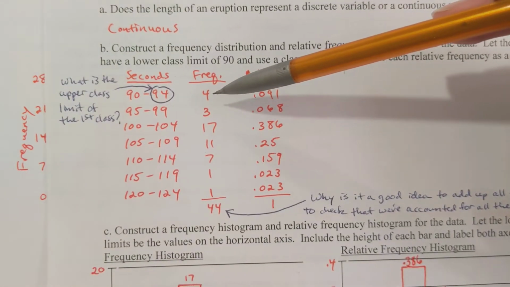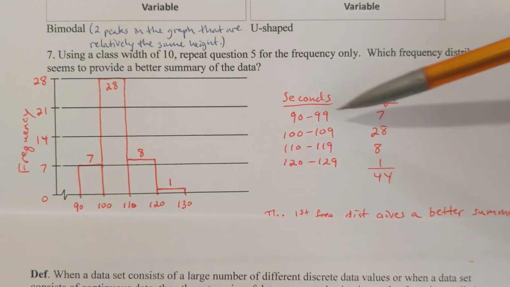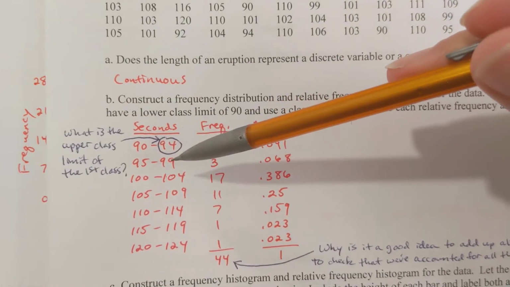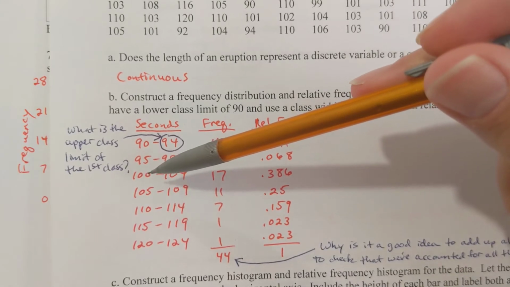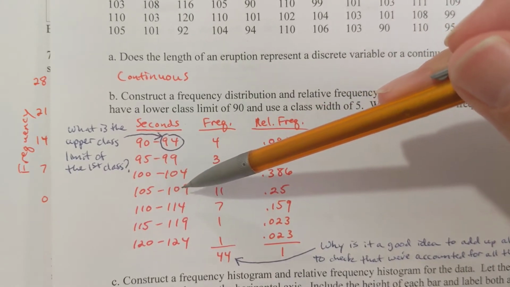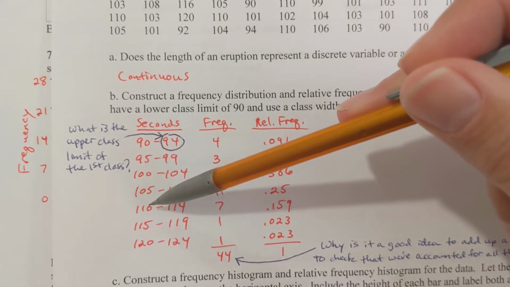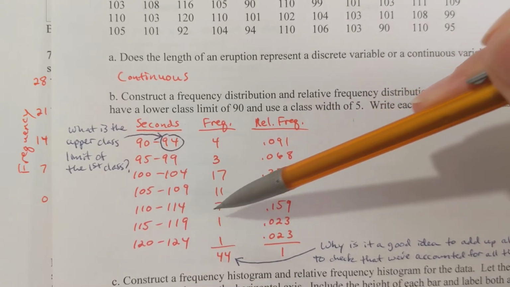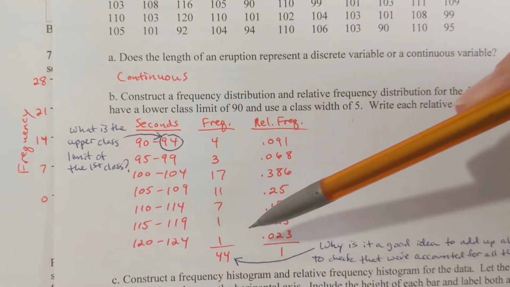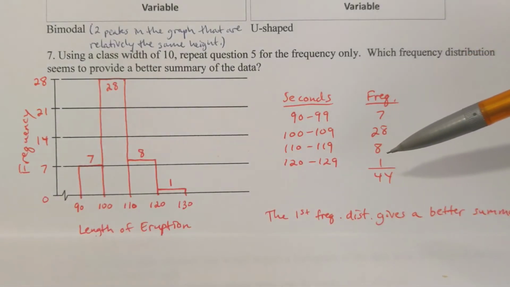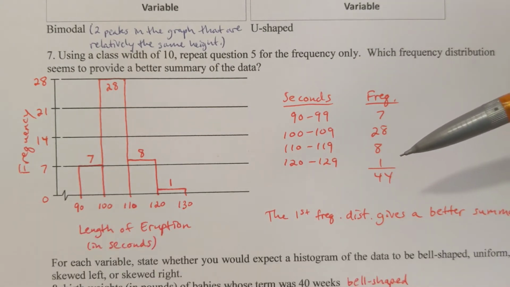If I add 4 and 3, I get 7, and there's 7 in the 90 to 99 range. 17 and 11 gives me 28, so there's 28 numbers in the 100 to 109 range. There would be 8, 7, and 1 in the 110 to 119 class, and there's 1 in the 120 to 129 class. There's 44 eruption times listed, and that's what I had before.